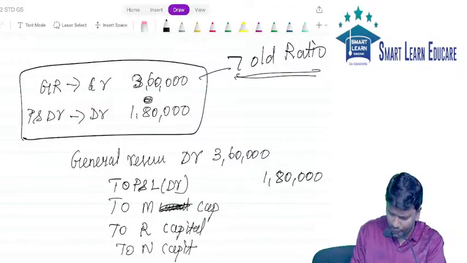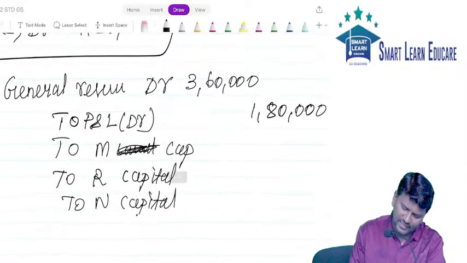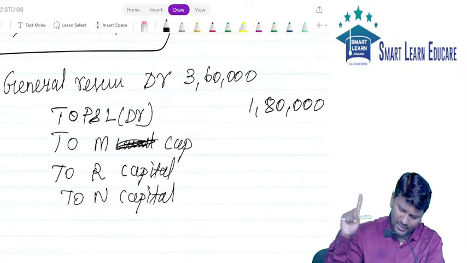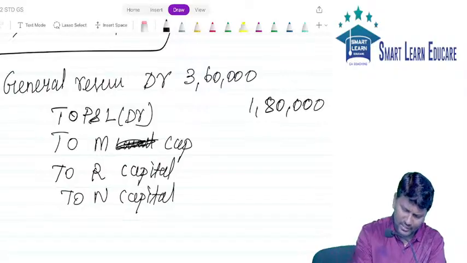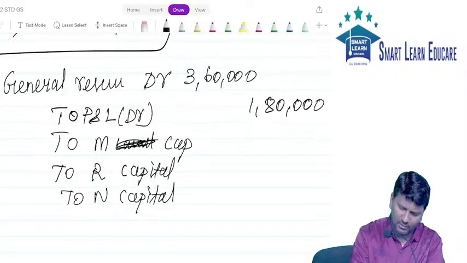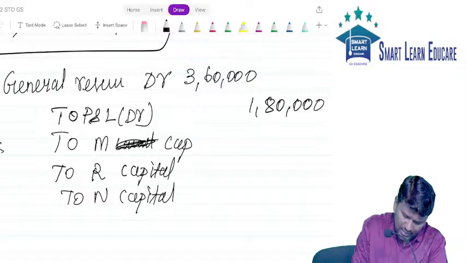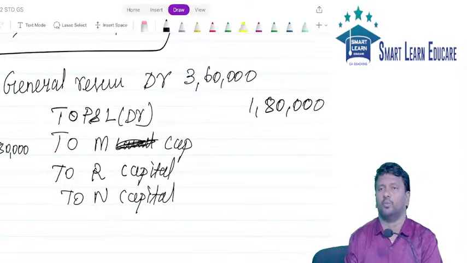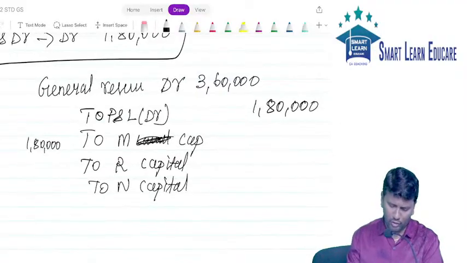Of the 3,60,000, the P&L 1,80,000 is already adjusted, so net you should pass the entry for 1,80,000. In what ratio should you share it? In the old ratio.